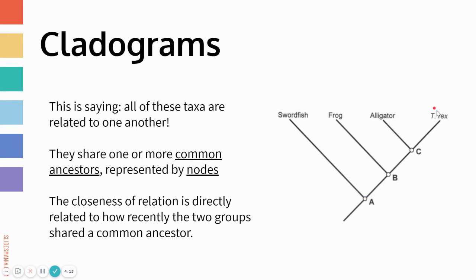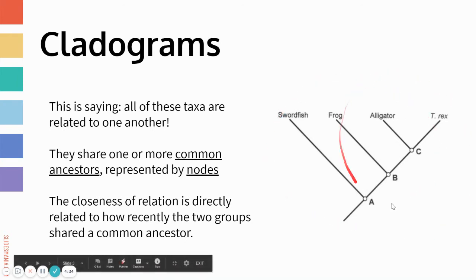So alligator and T-Rex are more closely related because they shared a more recent common ancestor at C, and alligators and swordfish are more distantly related because they don't share a common ancestor until back at point A. So we can use cladograms to figure out how closely related different organisms are.